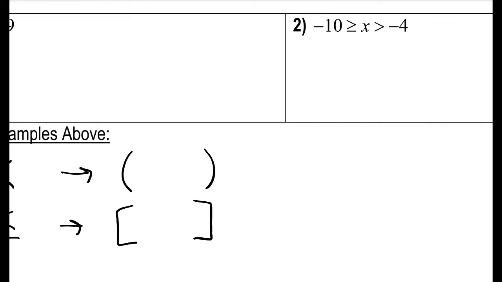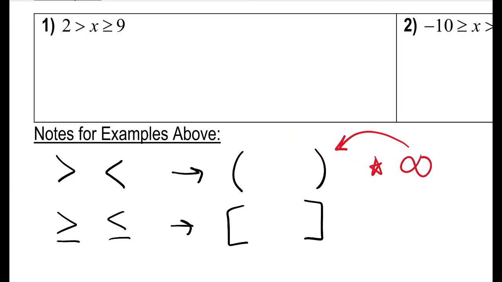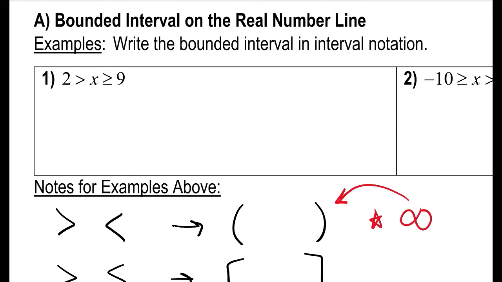Now, one thing to note on the parentheses is anytime you have infinity, it is always parentheses because you can never reach infinity, therefore you can never include it. So, looking at number 1, we have one that is not underlined, one that is underlined. And when we write these, the interval notation, we don't include x, we just want the numbers.